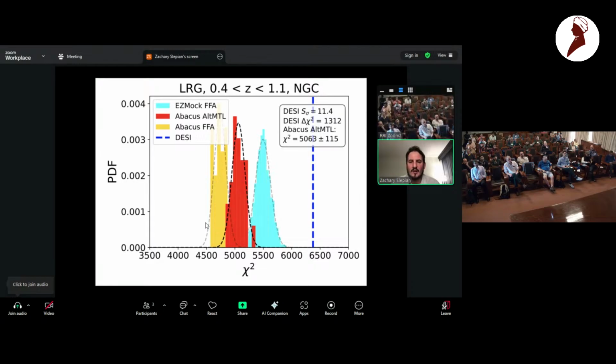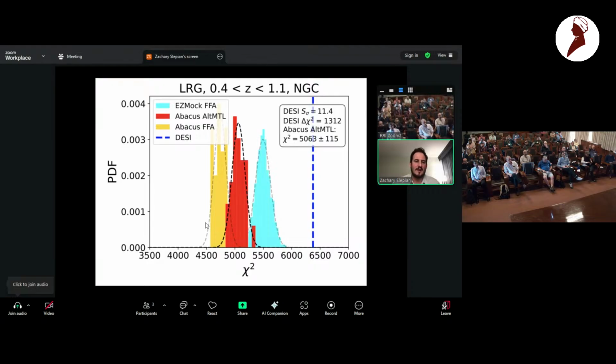But what I want you to concentrate on is the red histogram, because that's our most faithful n-body simulations with the most faithful fiber assignment method that mirrors DESI most closely. And basically what hopefully stands out is that the blue dashed line representing DESI data is quite a bit away from the distribution of the mocks. The image of all of you is actually covering the sigma on my screen, but I think it's about 11 sigma away.